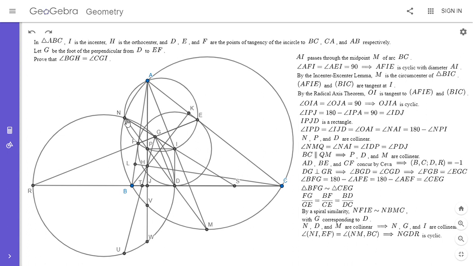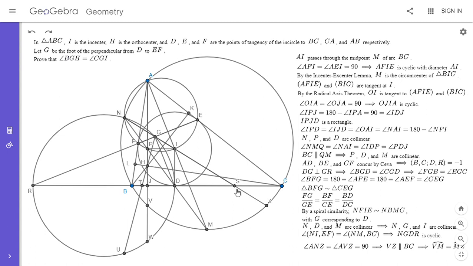Basically, if we can show that ND bisects TNS, then that's the same as showing that GD bisects TGS. Okay, so I'm going to show that ND bisects angle TNS. And I'm going to do that using, sorry, I'm just going to draw another point here, point Z.